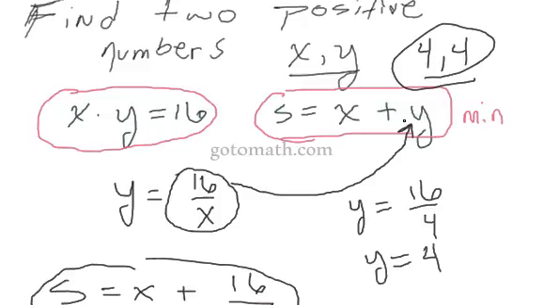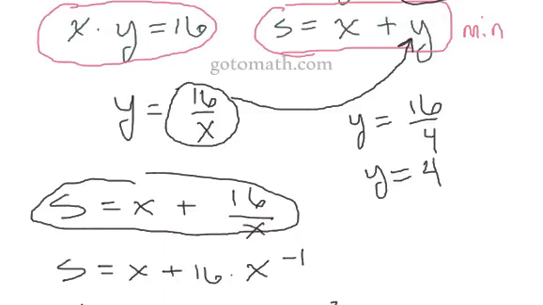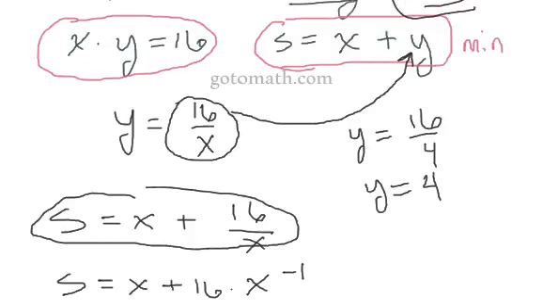Get it in terms of one variable, and that's usually solving for one of the variables over here and then plugging it in over here. And then once we do that, we just take the derivative, set it equal to 0, and solve for whatever that variable is that's in there. And that's basically what we're going to do with all of these optimization problems.